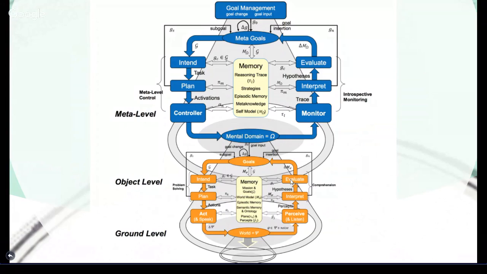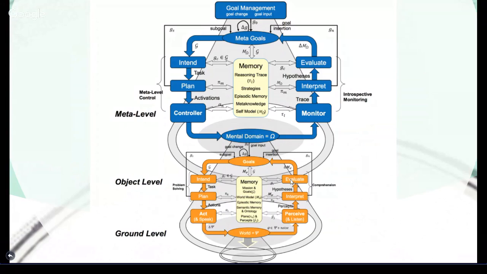It checks if the ID belongs to the domain file defined in MIDCA, and if the arguments are already in the state file. If these two tests are passed, then the interpret phase inserts the goals into the goal graph and stores it in the memory. Then the evaluate phase checks to see if the goal is achieved or not. If the goal is achieved, the evaluate phase removes the goal from the goal graph.